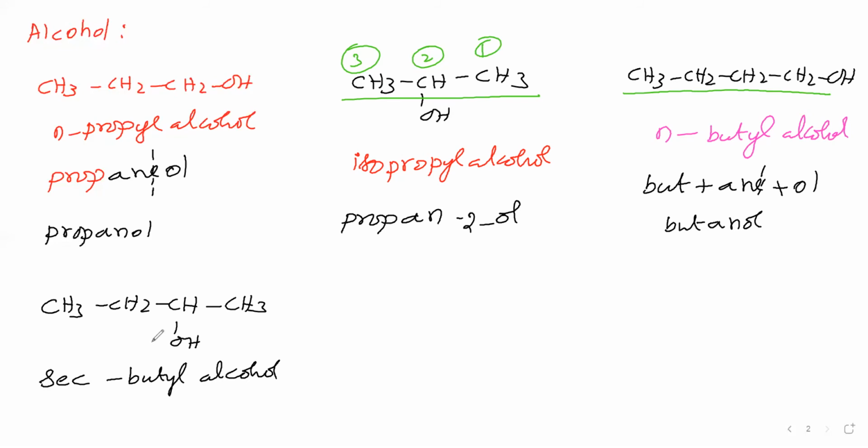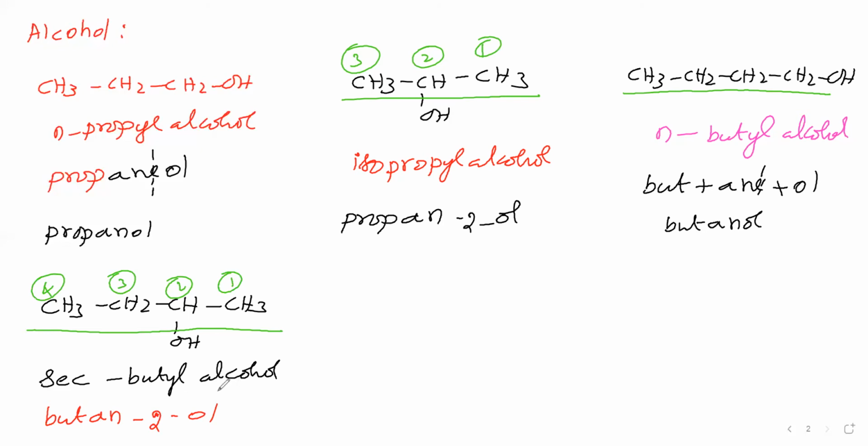Next we will say the IUPAC name. We select the parent chain. The parent chain is this one. Here it is the first carbon, second carbon, third carbon, fourth carbon. 4 carbon atoms are present, so the root word is but. The primary suffix is en, the secondary suffix is ol. This alcohol is present at the second carbon, therefore we say butan-2-ol.